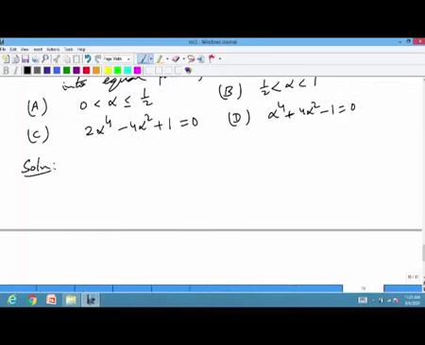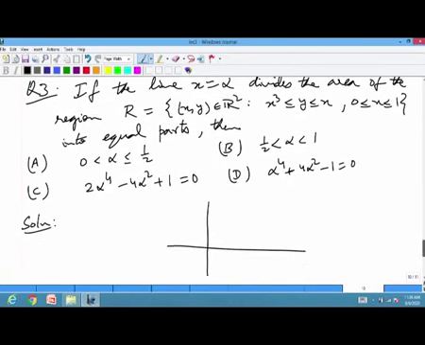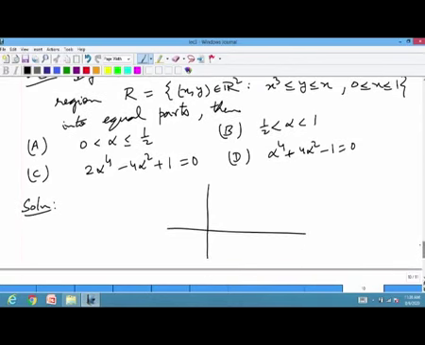So, first we should see what is the region R. Region R is bounded by the curves y equal to x cube and y equal to x for x between 0 and 1.